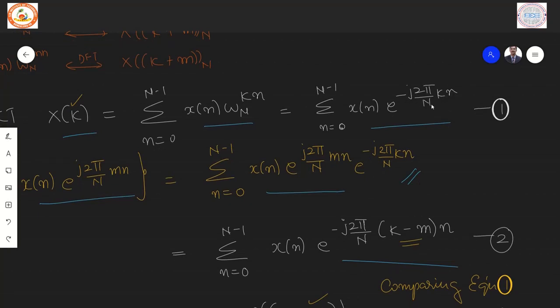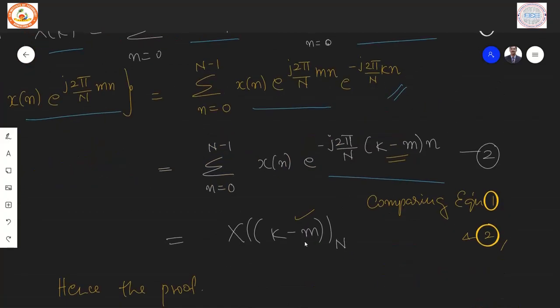So the change that we observe between equation 1 and equation 2 on comparing is the replacement of k with k minus m. Therefore, we can conclude that if equation 1 is called as X of k, then equation 2 should definitely be called as X of k minus m. And we cannot simply write k minus m. Everything here is under the control of mod. Therefore, we apply a mod here. Hence, the proof.